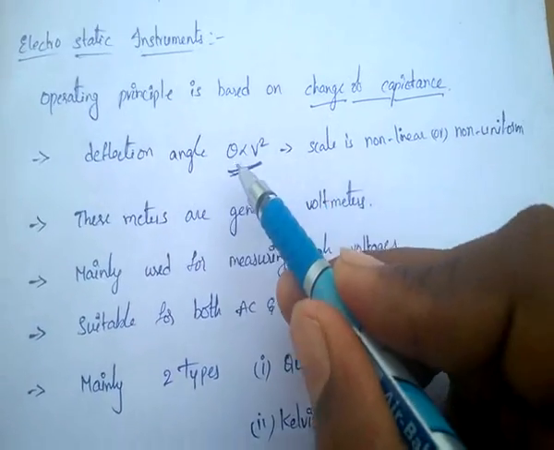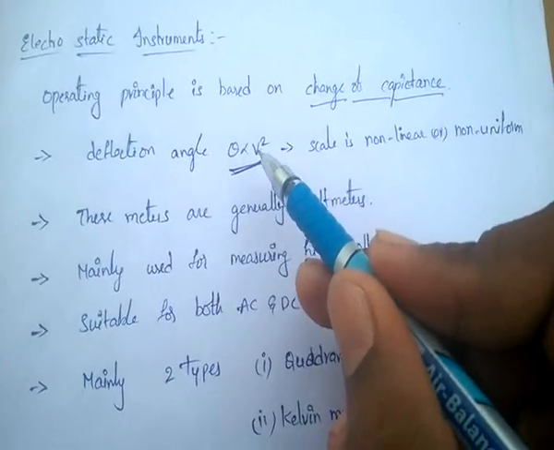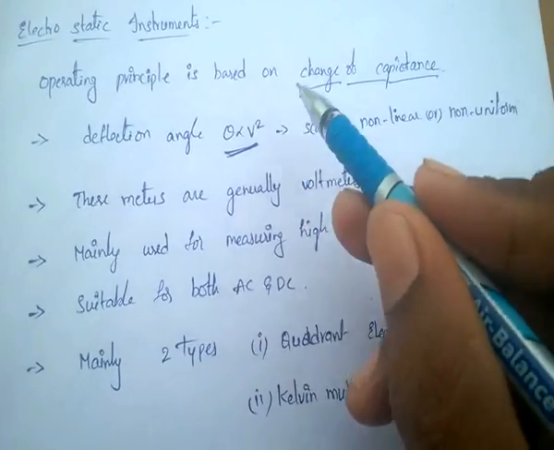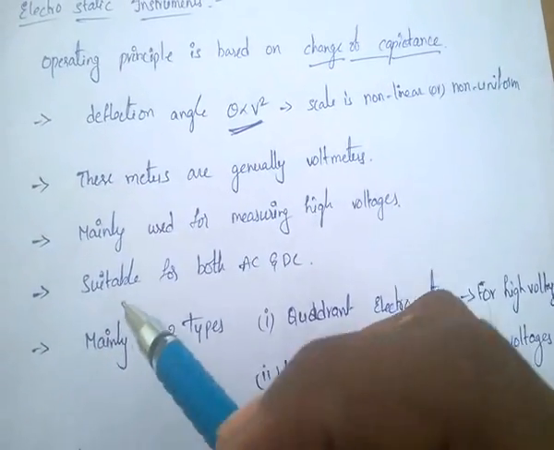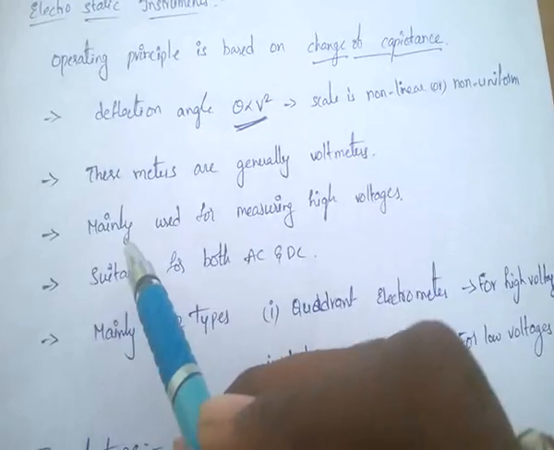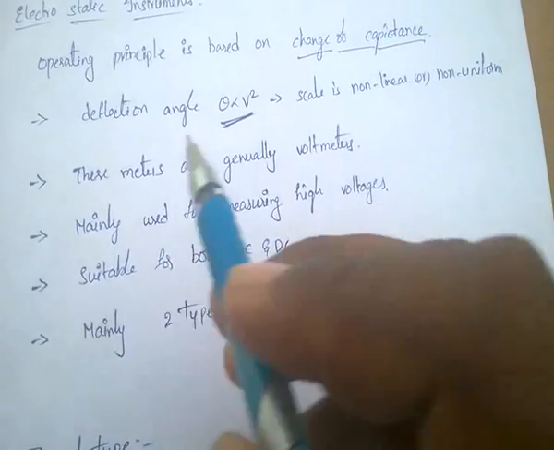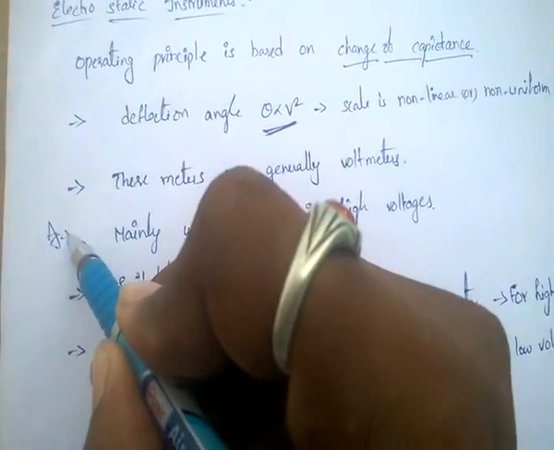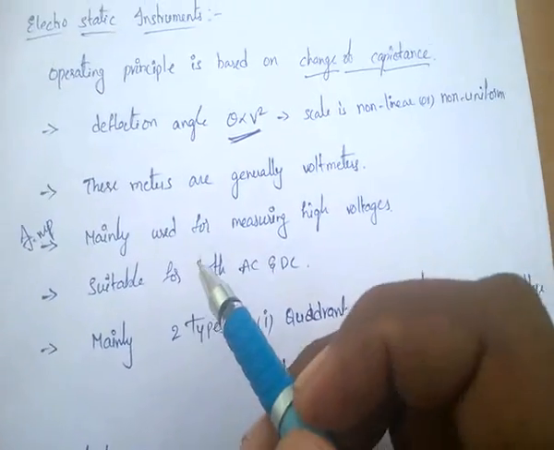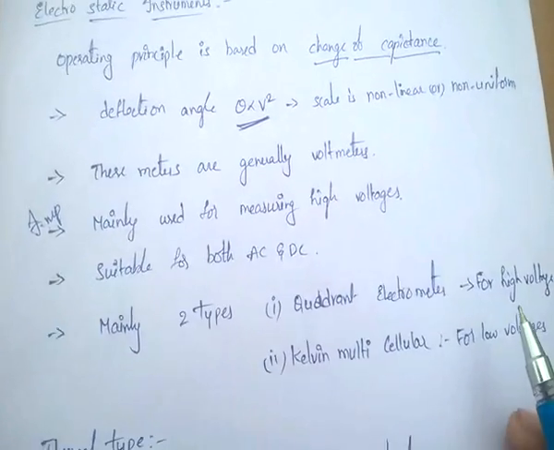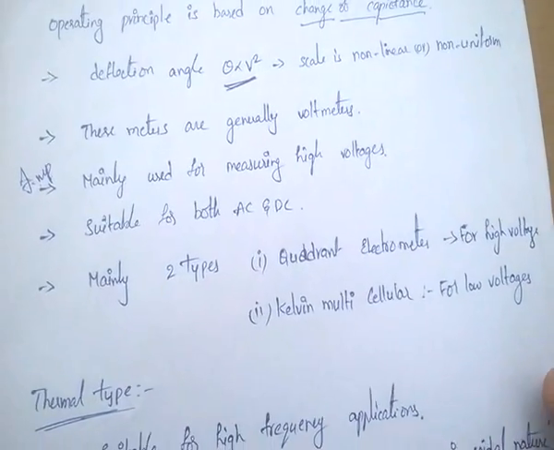The scale is V square, non-uniform or non-linear, generally used for voltmeters. Mainly used for measuring high voltages. I already told you it is a very important one. Which meters are used for measuring high voltages? Electrostatic instruments. It is also suitable for both AC and DC.